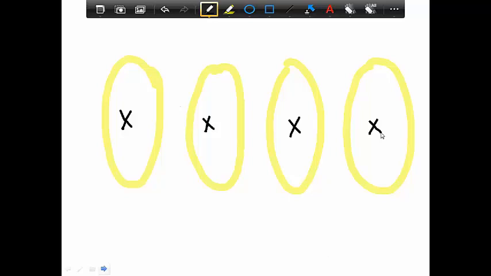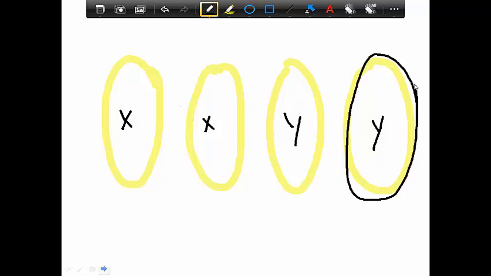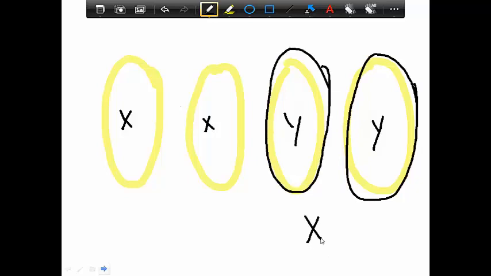If you had a male, in other words you started with a blue sheet, in 2 of his cells he ended up with X's, but in the other 2 cells he ended up with Y's. So if the people with the pink sheet, the eggs, if one of their little eggs ended up joining with one of these 2 sperm cells, the result would be an X from the egg and a Y from the sperm cell, creating a son.